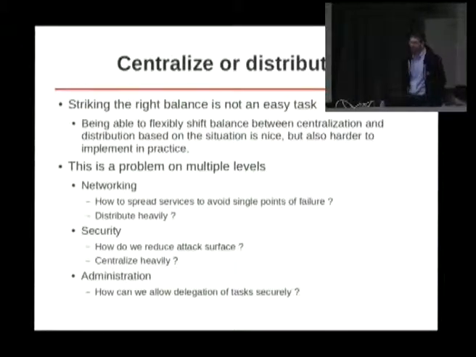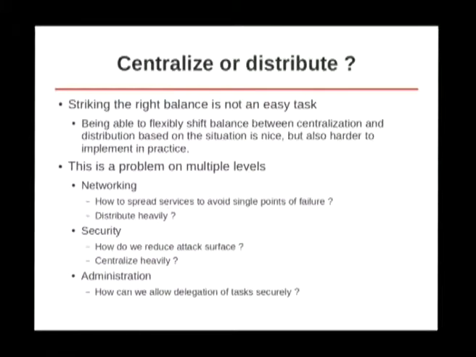So when you come to the problem of how to manage all these identities, users and computers alike, and you have a very large network, you come to a question: what do I do? Do I centralize all this management in one system, or do I try to distribute management?